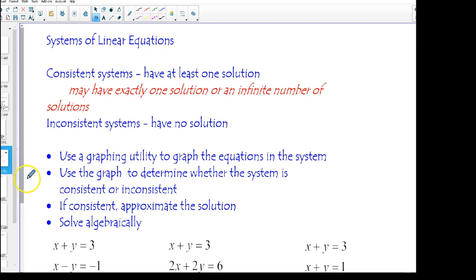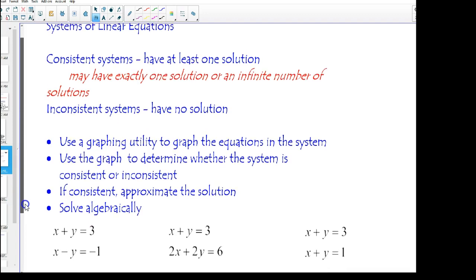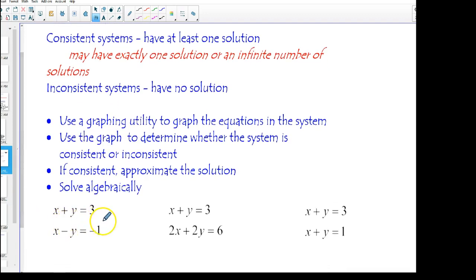So the purpose of this exercise is to understand the difference between consistent and inconsistent graphically, and then we will solve the systems algebraically. So beginning with this first system, x plus y equals 3, and x minus y equals negative 1.